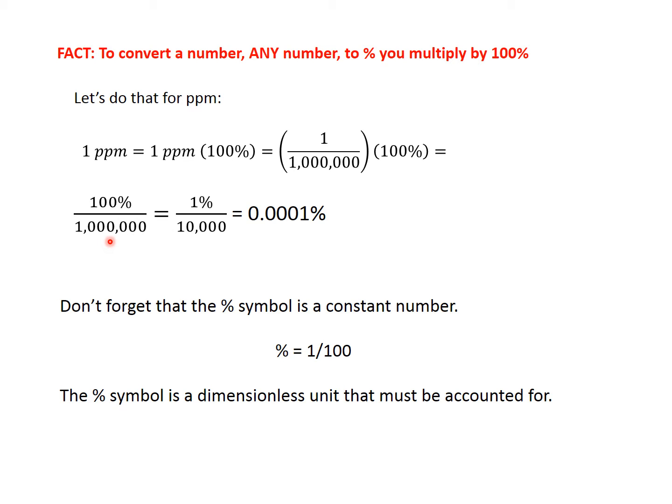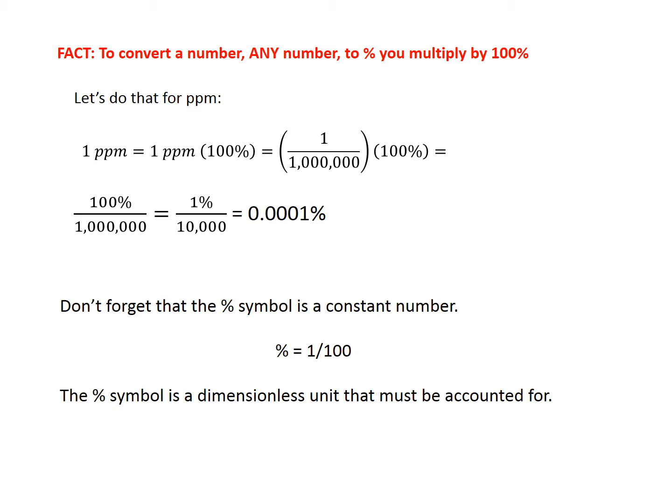But we can take this a little bit further. We can cancel out 2 of these zeros in the numerator with 2 of these zeros in the denominator. And now you have 1/10,000th of a percent. See? 1% over 10,000 is 1/10,000th of a percent. So I just wanted to tell you that the percent symbol is a constant number, just 1 over 100.